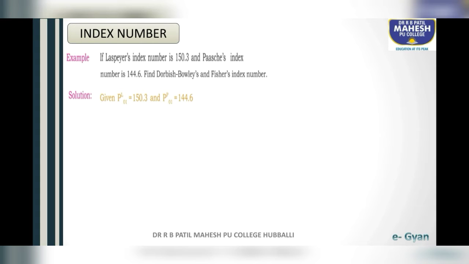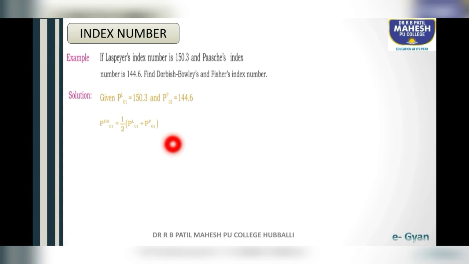As you know, here we have to find Drobisch-Bowley's and Fisher's index number. First we have to write the formula of Drobisch-Bowley. What is that formula? P01 of Drobisch-Bowley equals 1 by 2 into bracket P01 of Laspeyres plus P01 of Paasche.